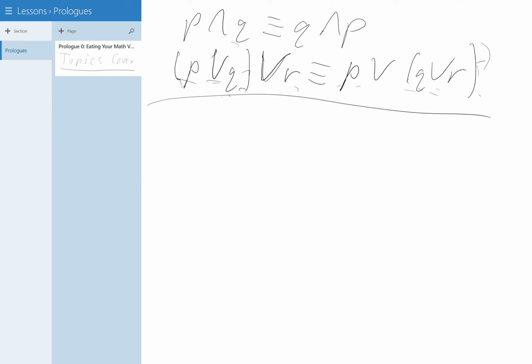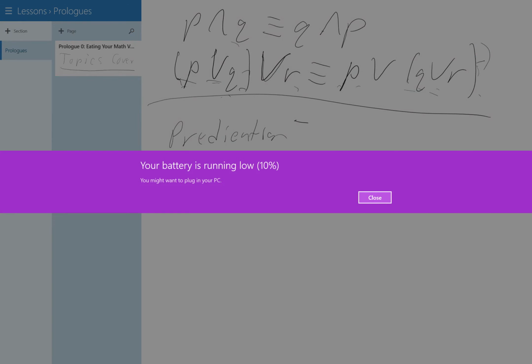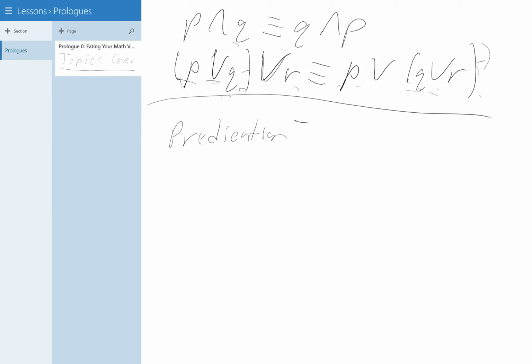Alright, a predicate. I think the best way, I kind of have to use the word function here.